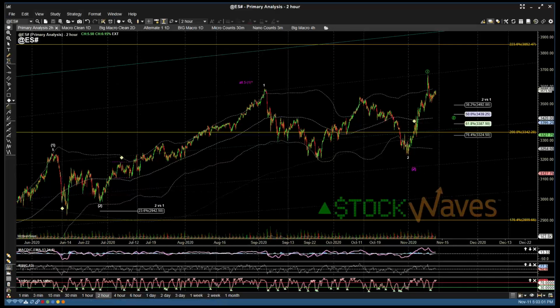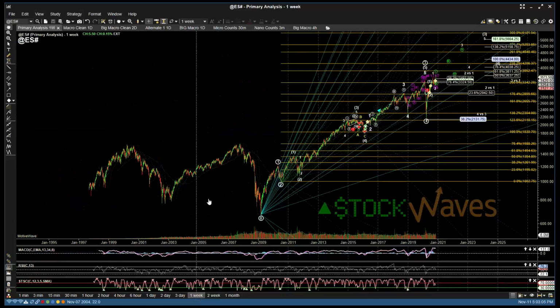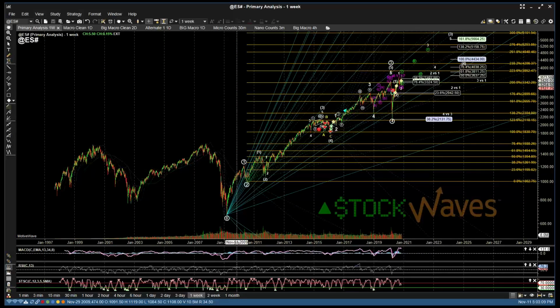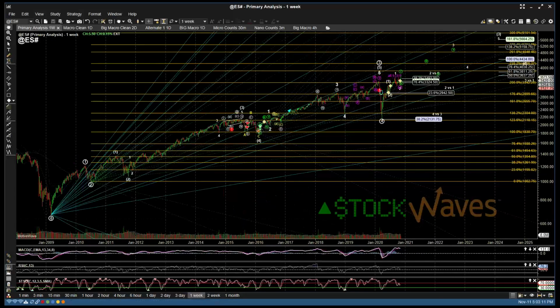JP's question was that there was something unique about the weekly MACD that doesn't seem to be kosher, or maybe looks a little bit more in line with, say, November 2018. November 2018 was back here.